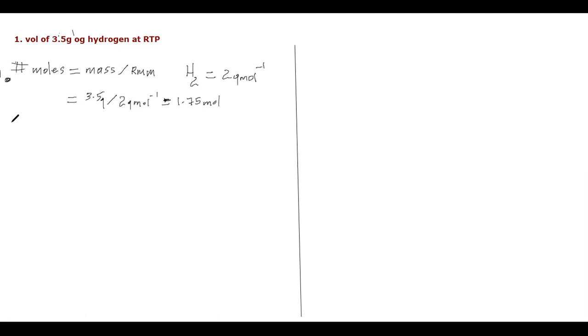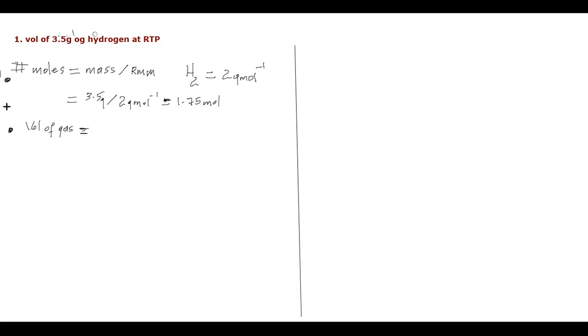So then, miss, what did you do? Find the volume. So what is the equation used for volume? So the volume of gas is equal to? Mole times the molar volume.